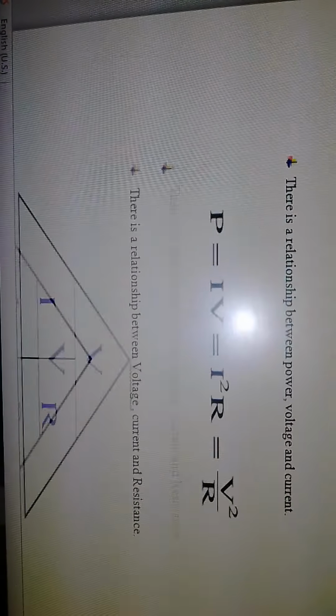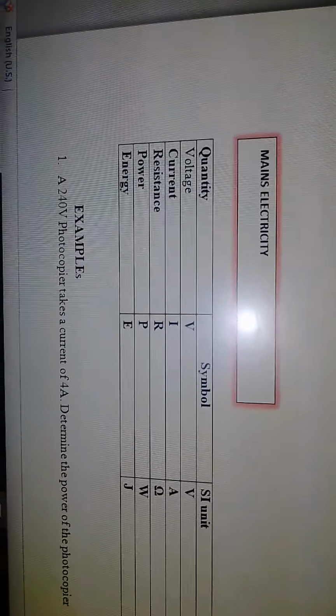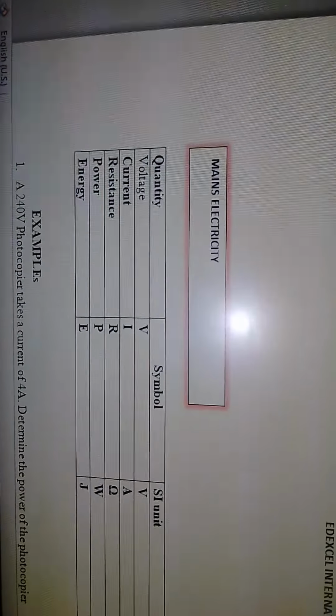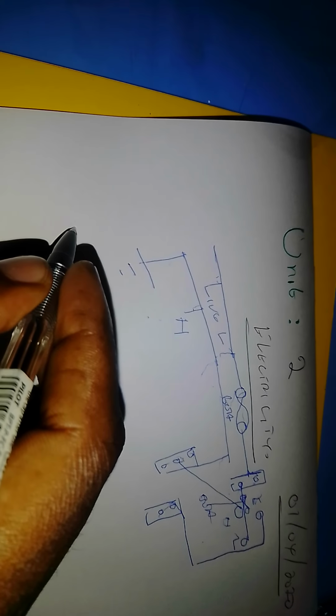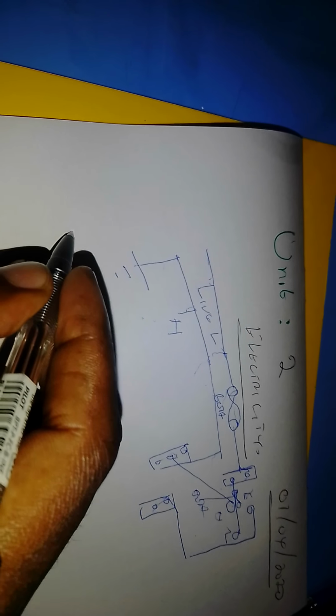There's a relationship between power, voltage, and current. We are going to see that shortly. Then we wind up our lesson for today. What is the relationship between power, voltage, and current?